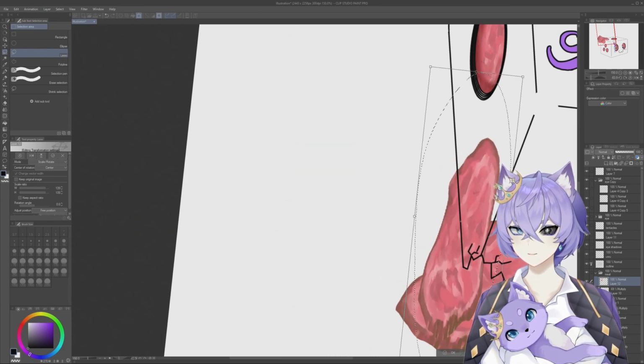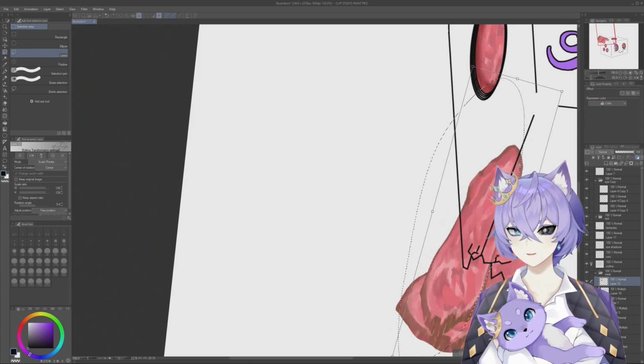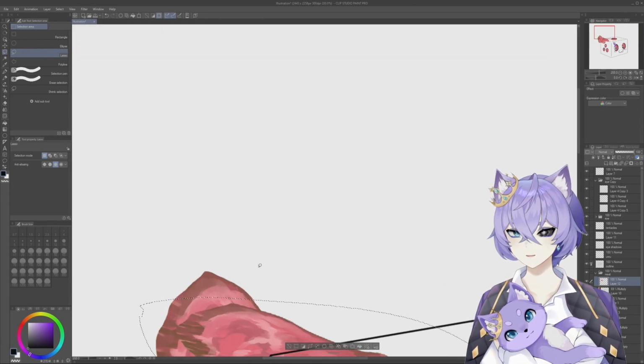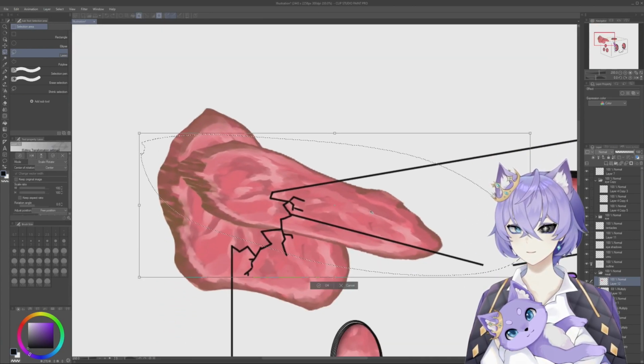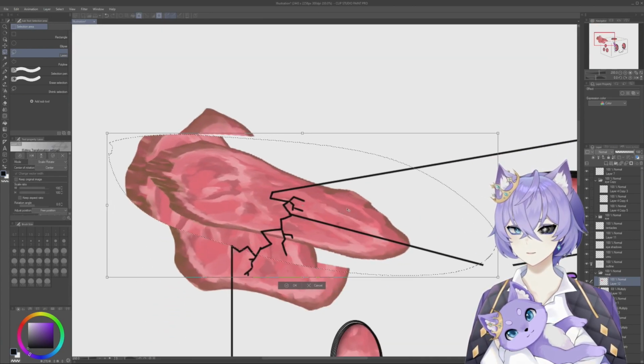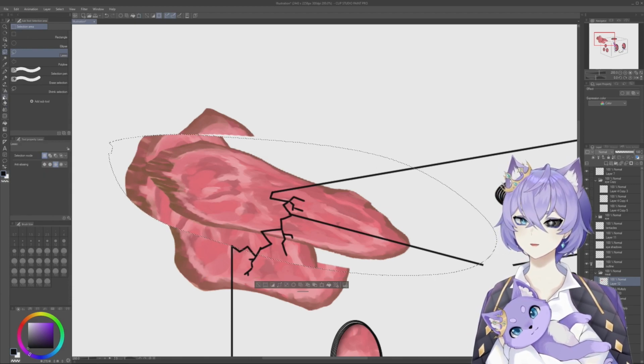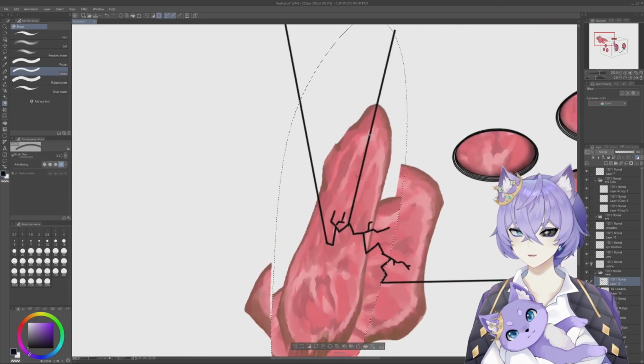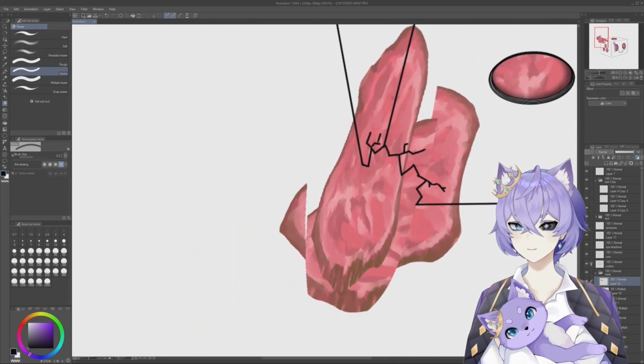Okay. And then just like a slice of beef right there. Take my eraser. So for this to work, oh hold on.